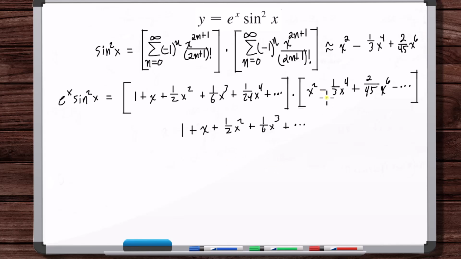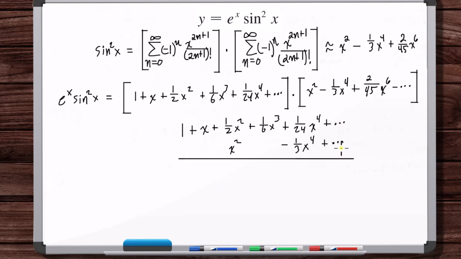And maybe not, actually. Yeah, let's go a little bit more. It doesn't matter how many you write here. Plus 1/24 x to the 4th. Okay. Now, x squared, line up the x squareds, minus 1/3 x to the 4th. And that's all we can put.